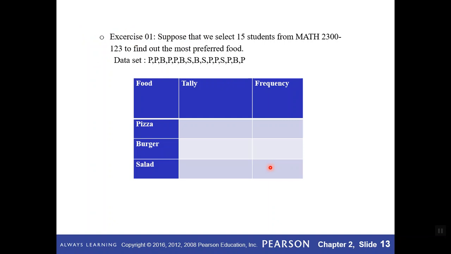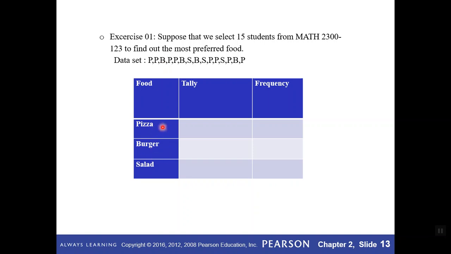This is the same as the previous example. Suppose we select 15 students from this math course. Find out the most preferred food. So P means pizza, B means burger, S means salad. So this is my data set. I have 3 distinct foods: pizza, burger, and salad.